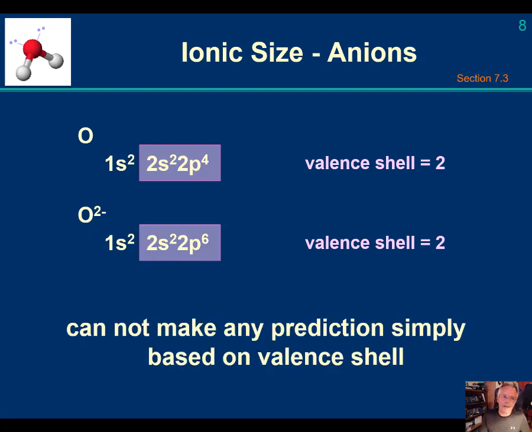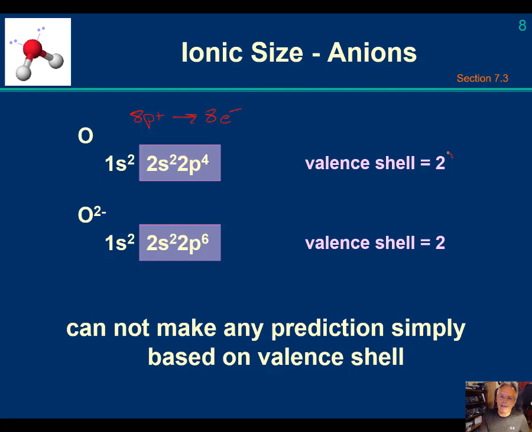So we're just going to compare atoms to ions, and here's the deal. This is oxygen, and it has 8 protons in the nucleus. Those 8 protons are pulling on 2, 4, 8 electrons.